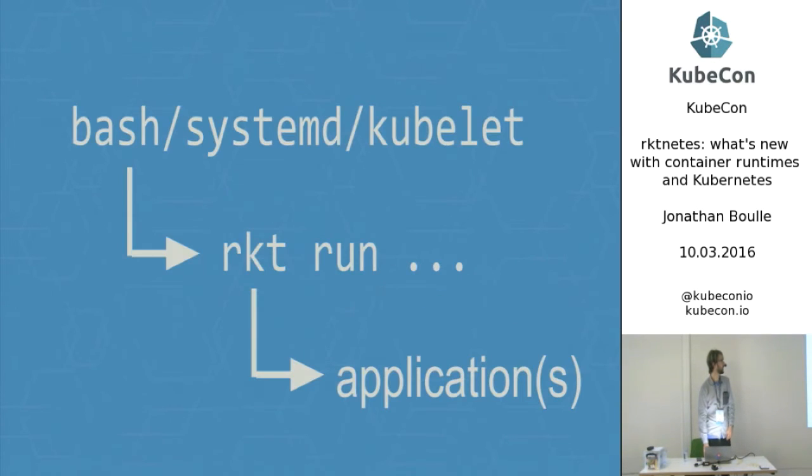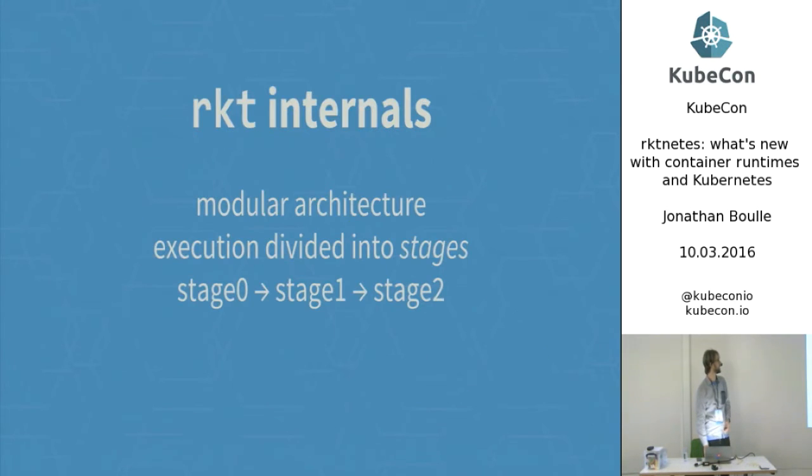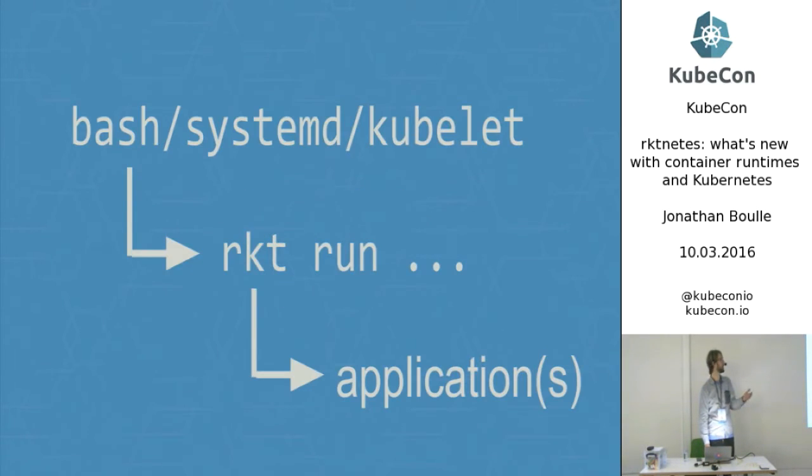The Rocket architecture means that any applications you run are directly underneath the Rocket command that you run, whether you're running it from the command line, or it's started by your init system like systemd, or started by the kubelet in the case of Kubernetes. The really nice thing about that is that any constraints and parameters you apply to the Rocket process will apply to the applications, which is pretty different from the Docker model, where applications are submitted to a different daemon to run instead.